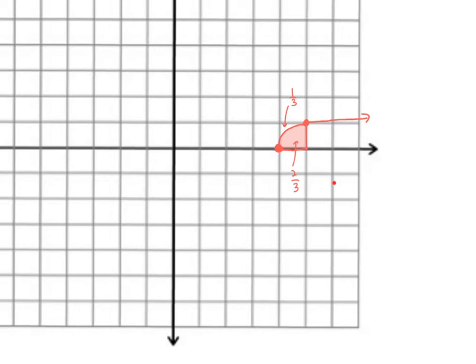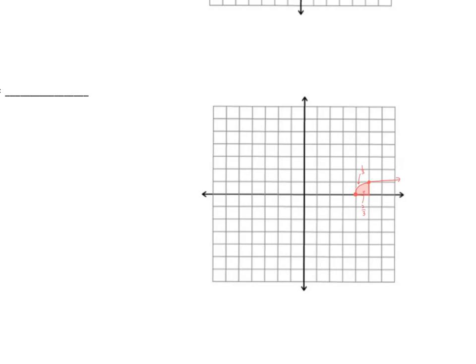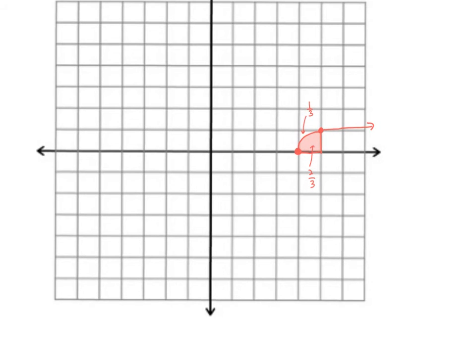If you looked at root x and then negative root x, it would just be like x squared, but kind of to the right. And so this is the area that's 1/3 in the original. And then since this whole area is just 1, this has to be 2/3.